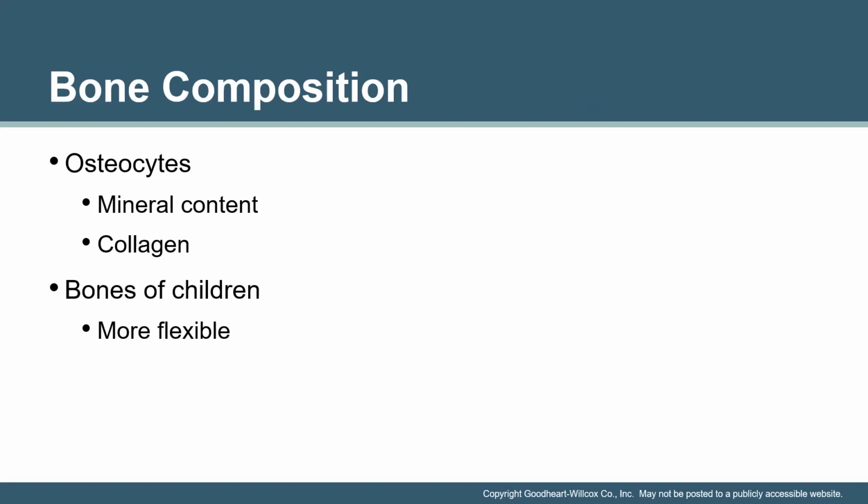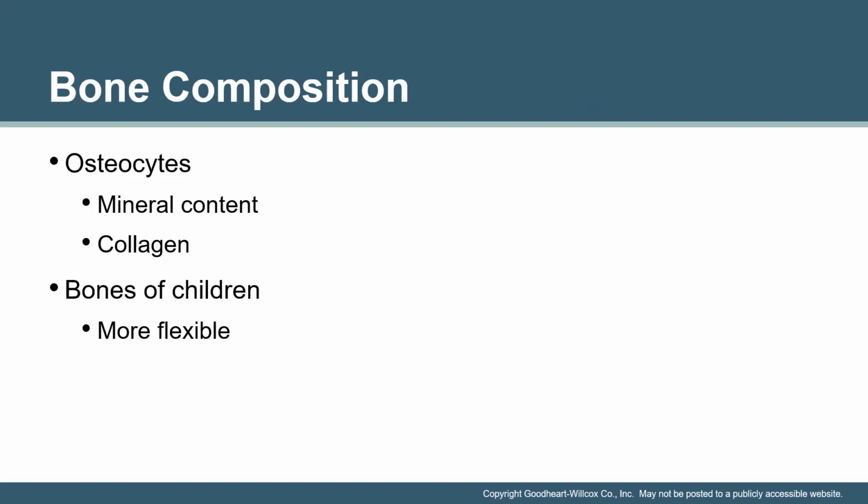If a person has an inability to produce collagen in the bone, they're going to have brittle bones, and that's going to cause a problem for their overall health. The bones of children will tend to be more flexible because they will have this higher collagen content, as well as a higher water content.